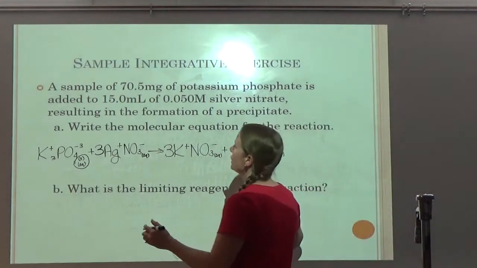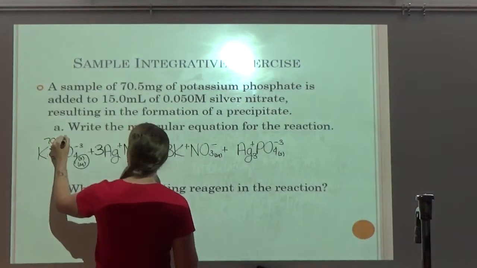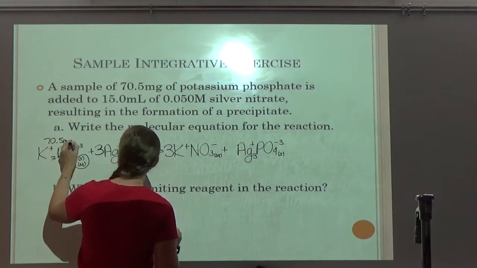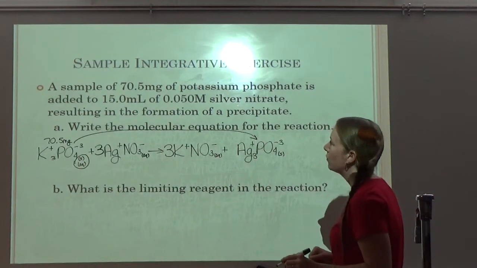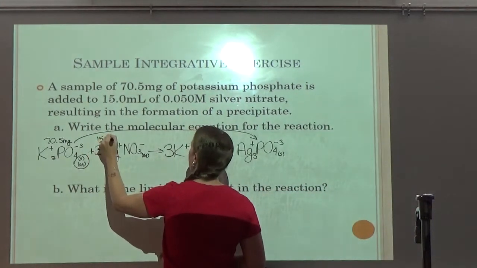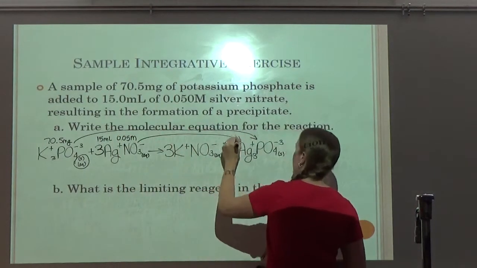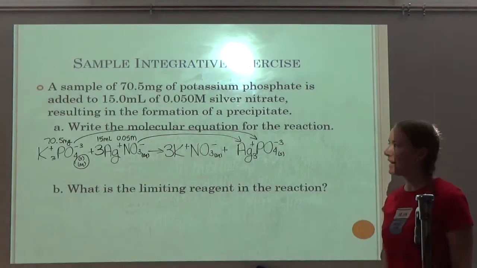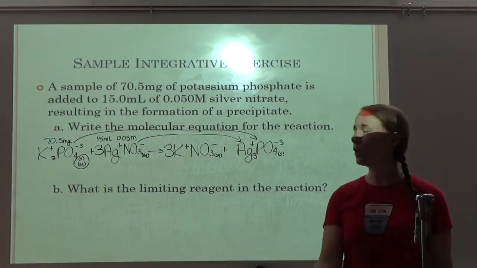I'm going to start with my 70.5 milligrams of potassium phosphate and figure out how much of my precipitate I would form. And then I'll start with my 15 milliliters of 0.05 molar silver nitrate and figure out how much of my precipitate I could form. And then, of course, limiting is the lowest, so I would pick the lowest amount.